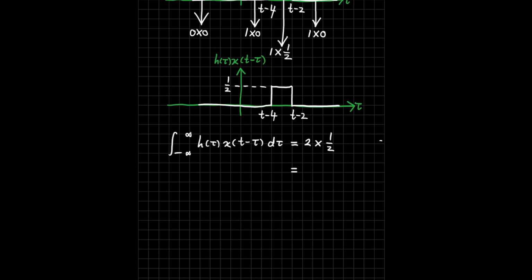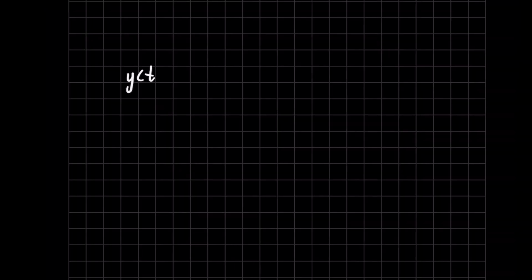The integration of this graph is equal to 1. Now we can write the answer, which is the output of the convolution process called yt for every case, or for t from minus infinity to infinity.